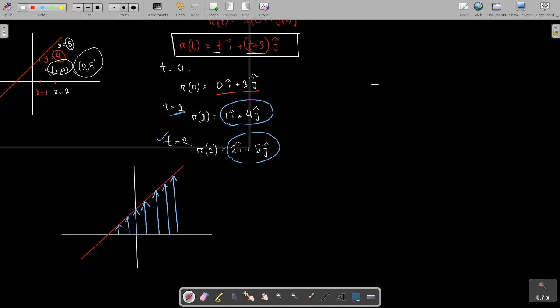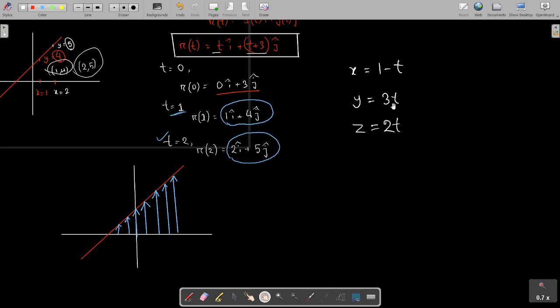Suppose we have, let's say, x equal to 1 minus t, y equal to 3t, z equal to 2t. Now it is somewhat hard to relate x, y and z together. Instead of this, we can simply write it in parametric form. Here t is our parameter, so writing it in parametric form is much easier. So we have written this 3D equation in parametric form.